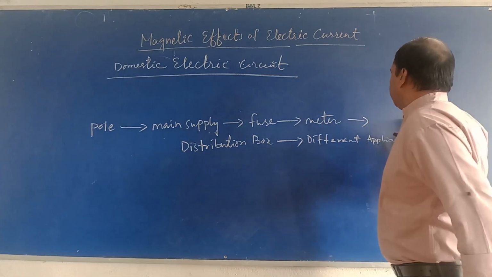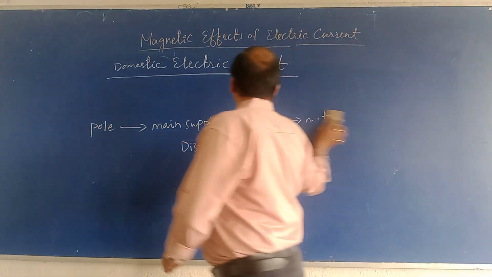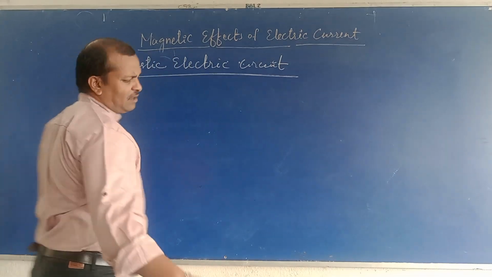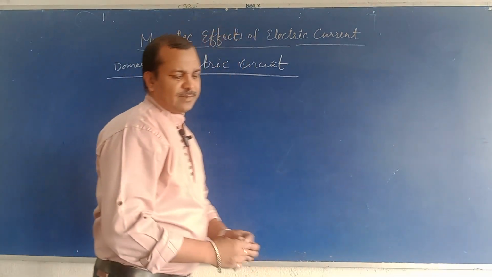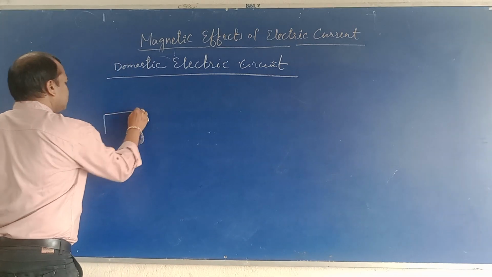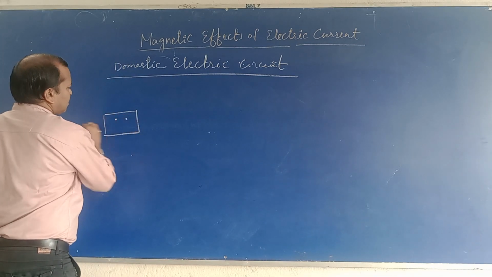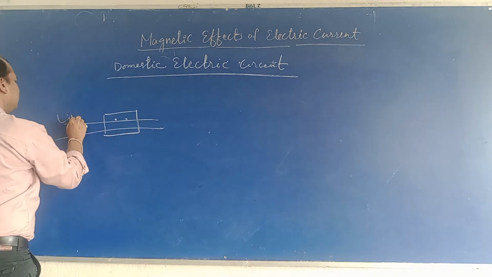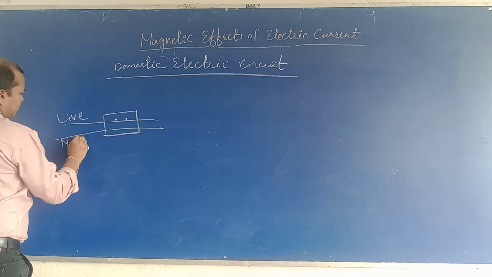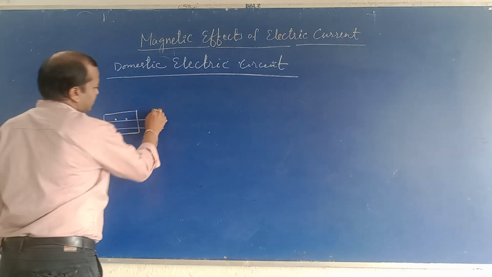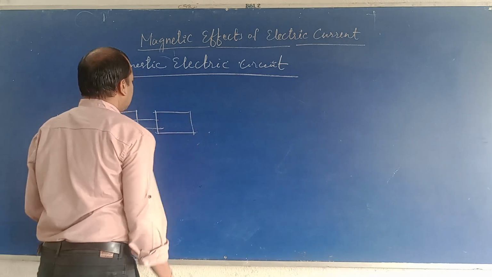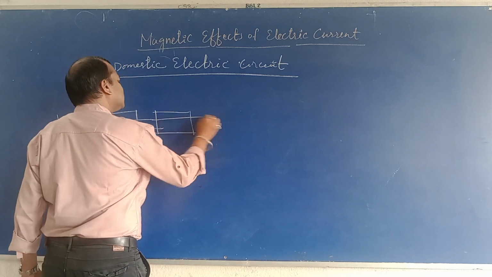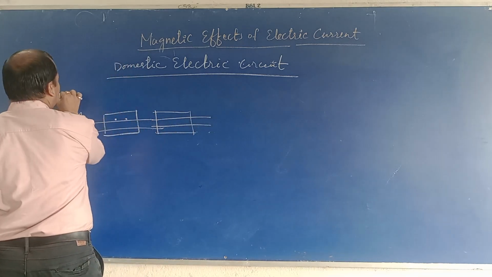Next one we have to draw. Same thing we have to draw, in an image like a box. Live wire is coming. This is live. This is neutral. Next is one earthing wire.